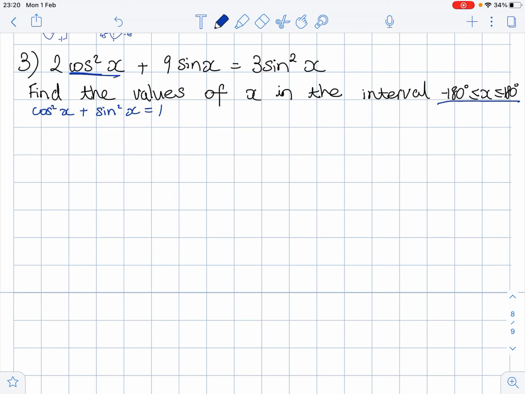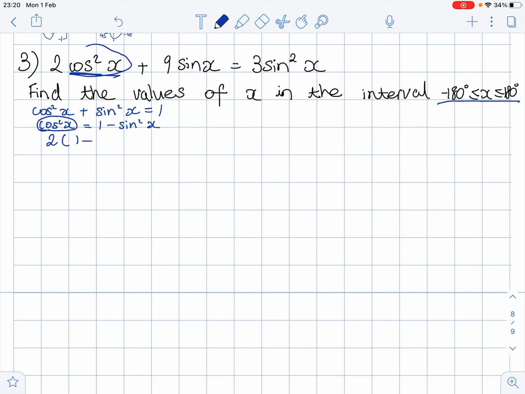So we need to change this cos into sine. So we know that, rearranged, cos squared x is the same as 1 minus sin squared x. So let's replace this into our equation. So I have 2 bracket 1 minus sin squared x.